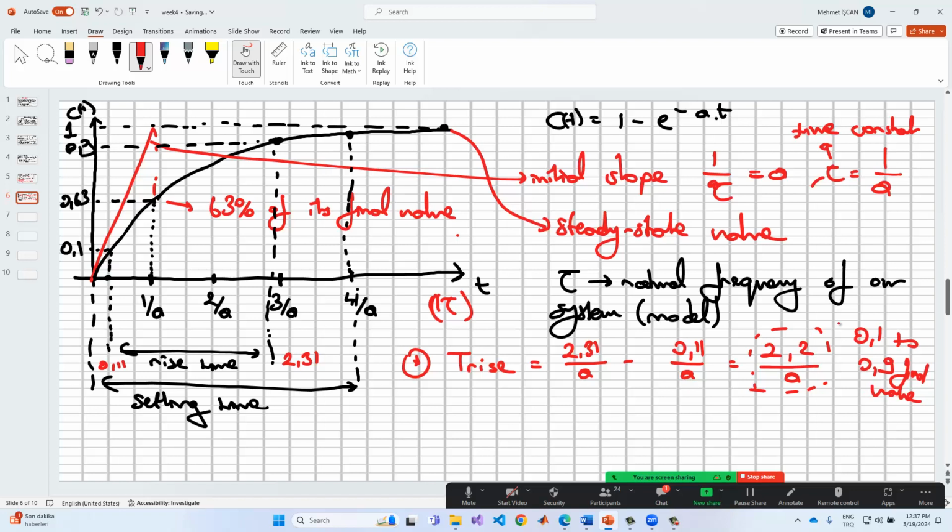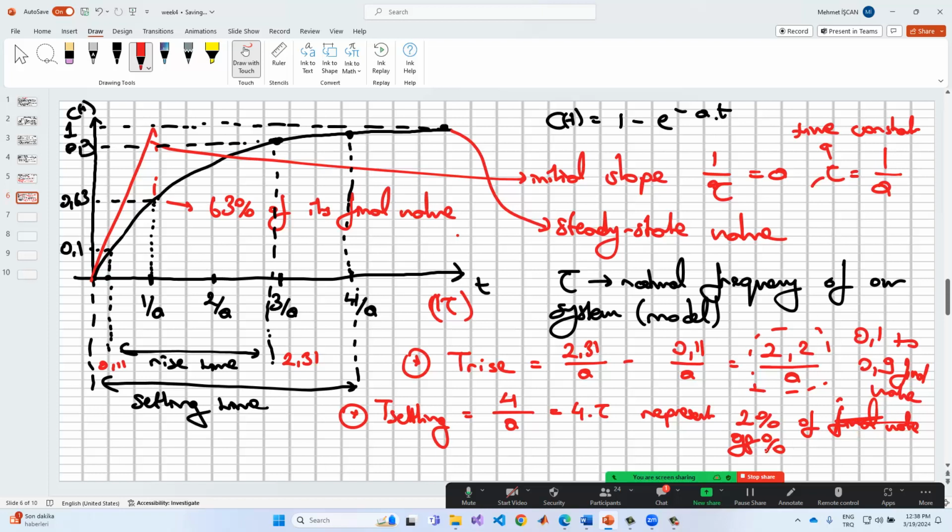So we can define another general definition to condition our system. We also have T settling time in here. This settling time is equal to 4 divided by A, or 4 tau. This represents 98% of the final value, I'm sorry, not the initial value.